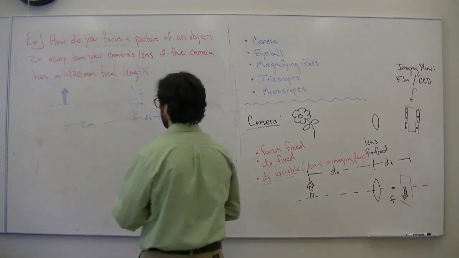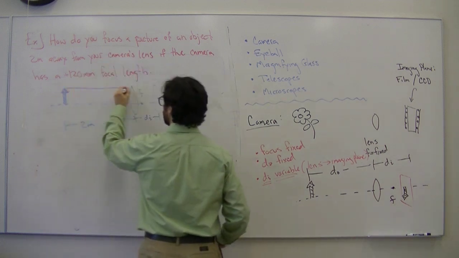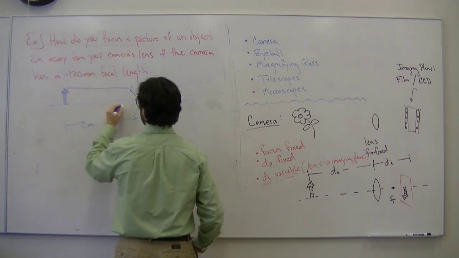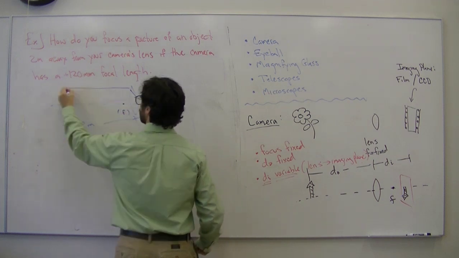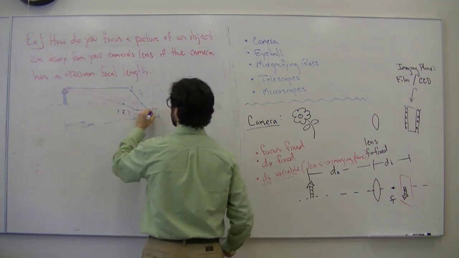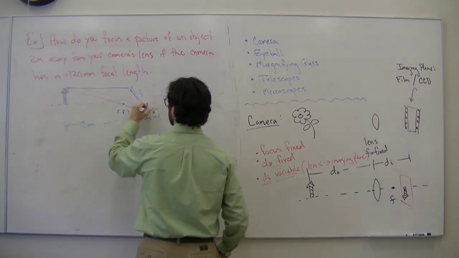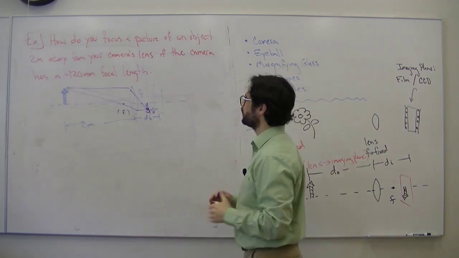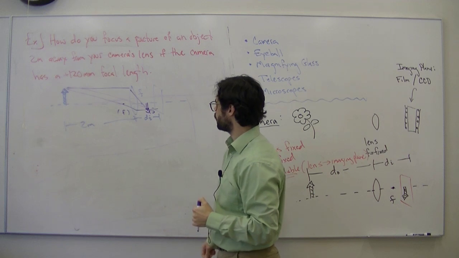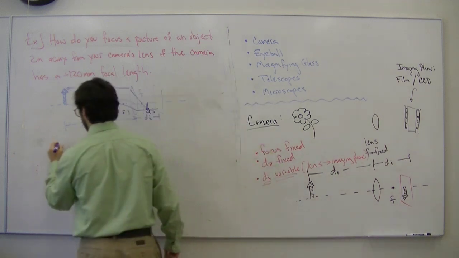So I've got my easy ray, parallel focus. I've got my not so easy ray, focus parallel, and then I have my center ray. So it looks like I should get, as expected, an inverted real image that's located pretty close to the focal length.